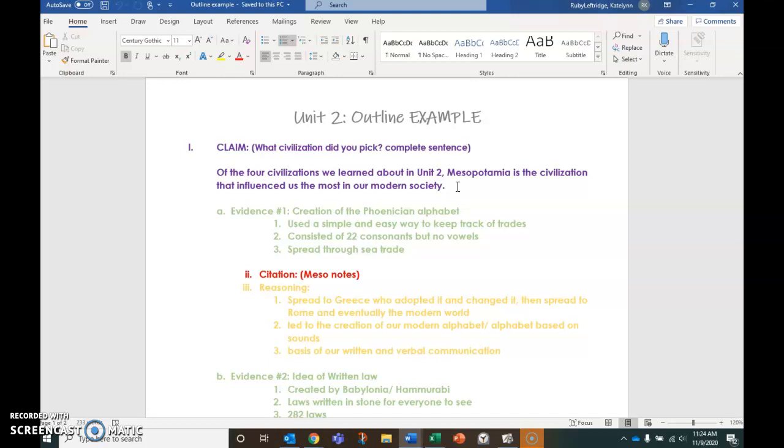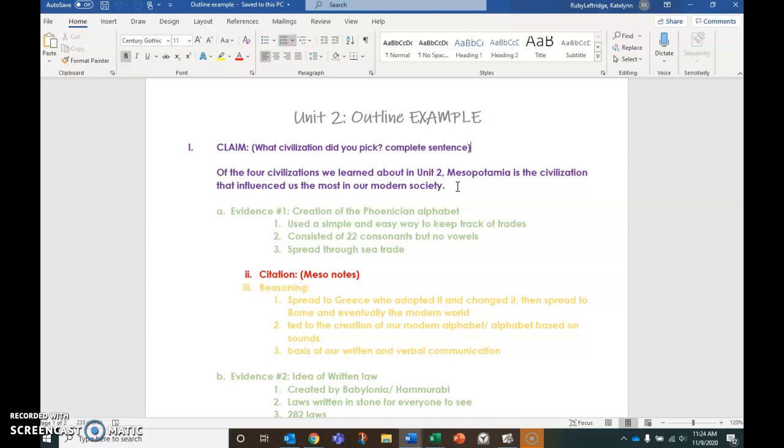The question is, which civilization had the greatest influence on our modern society? So my claim says, of the 4 civilizations we learned about in Unit 2, Mesopotamia is the civilization that influenced the most in our modern society. Okay, so I clearly answered the question, and I restated what the question asked me.